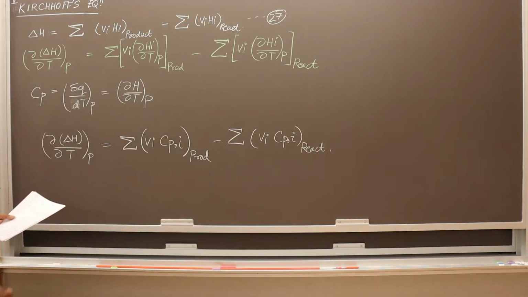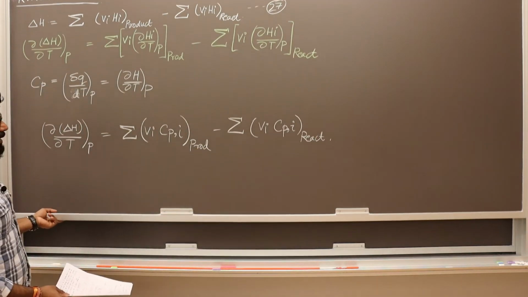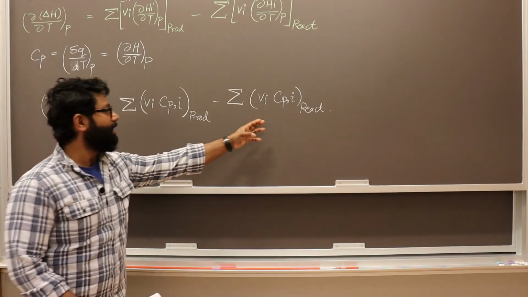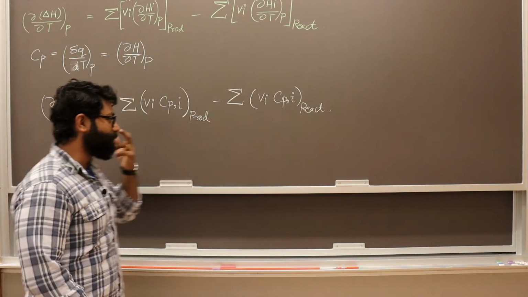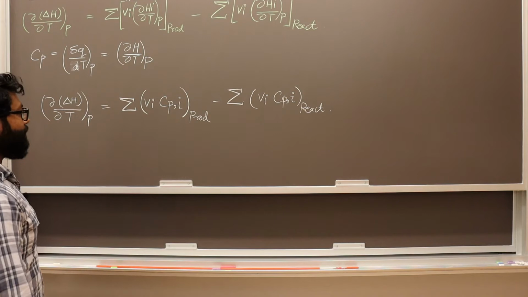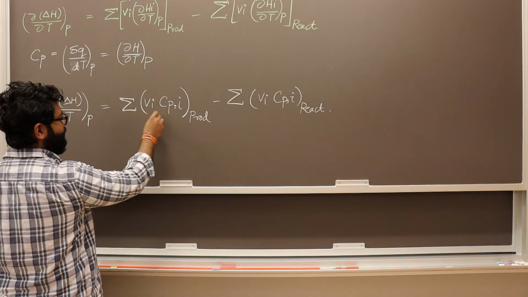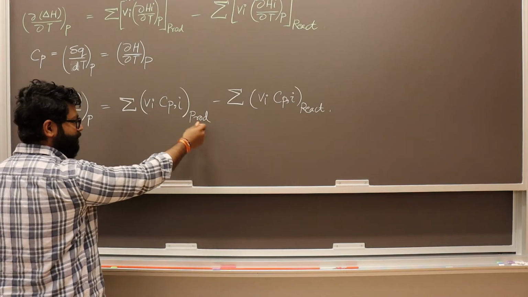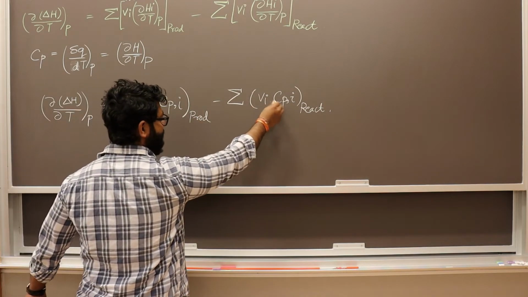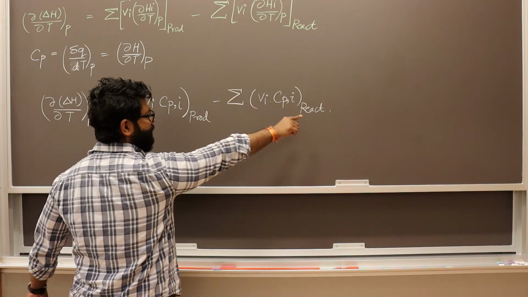Now, the right hand side of this equation can be simplified. You see how we are getting the stoichiometric coefficients times the Cp of the products minus the stoichiometric coefficients times the Cp of the reactants.